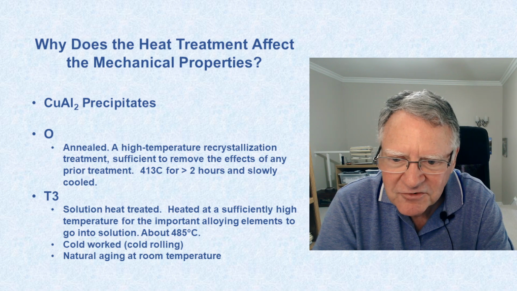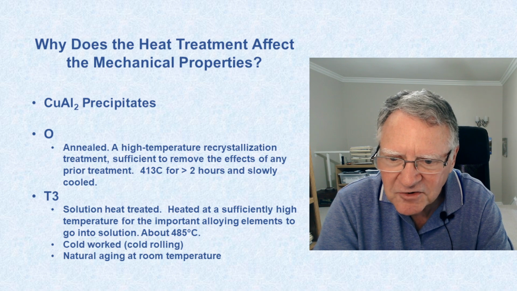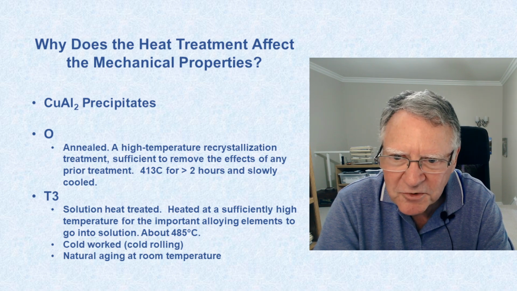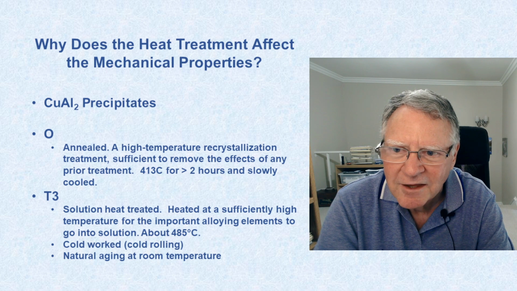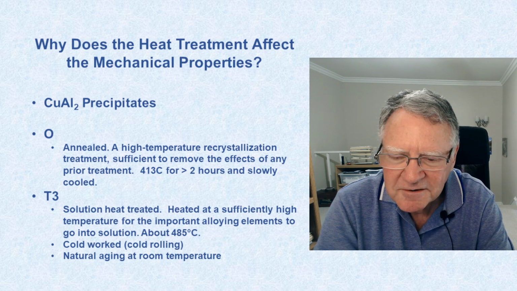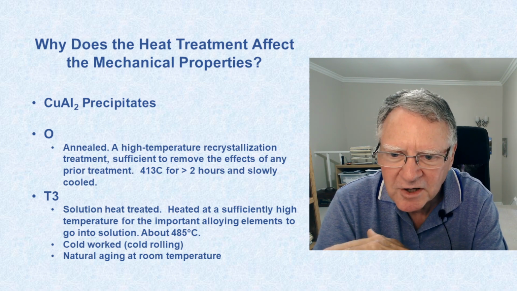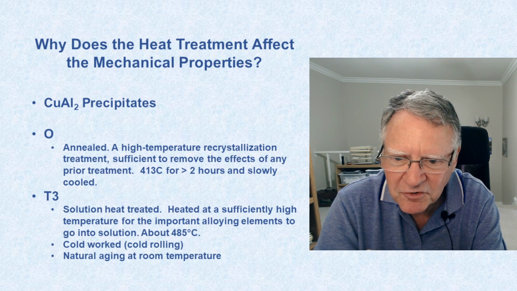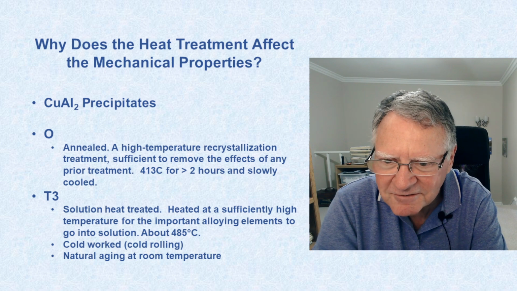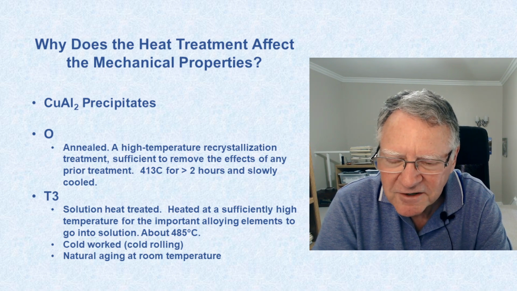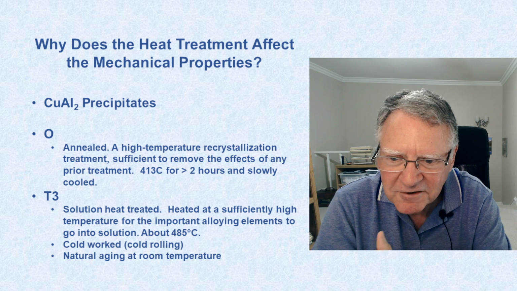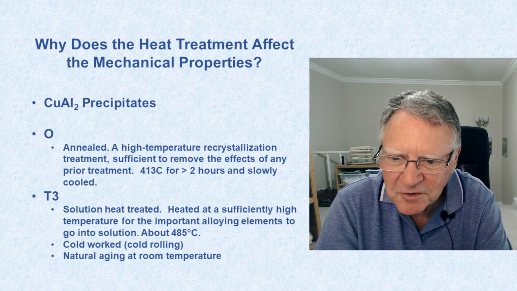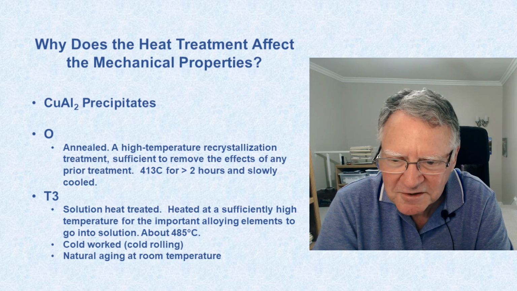And it turns out that there's an optimum size and density of these CuAl2 precipitates. If they're too small, a slip line or dislocation comes along and it just goes right through them, like they're not there. However, you only have a given amount of copper, so if they get bigger, there are fewer of them.